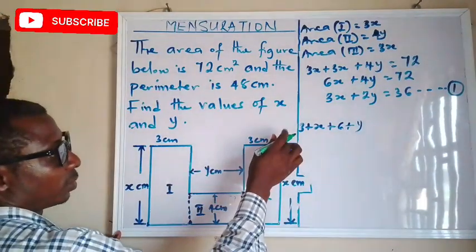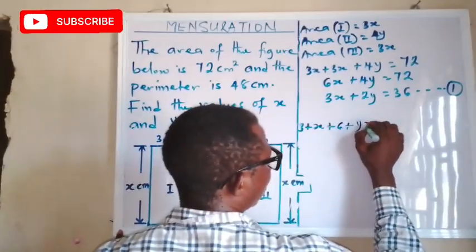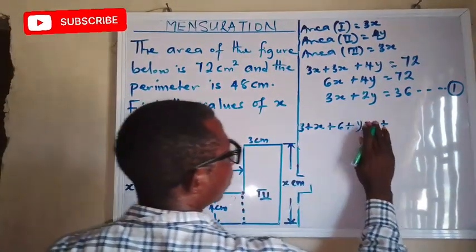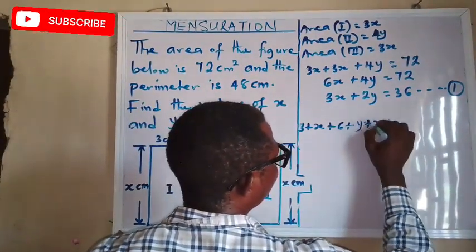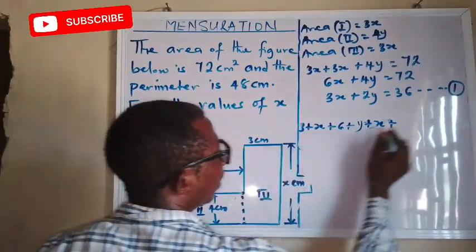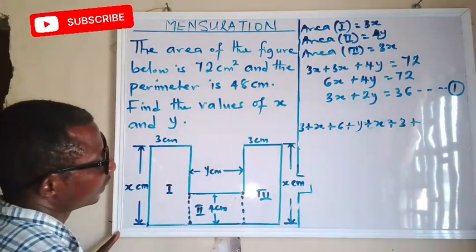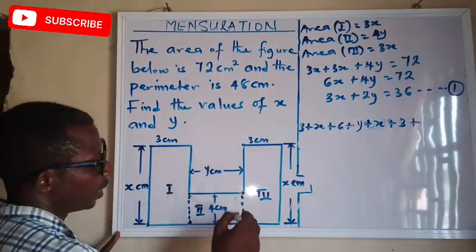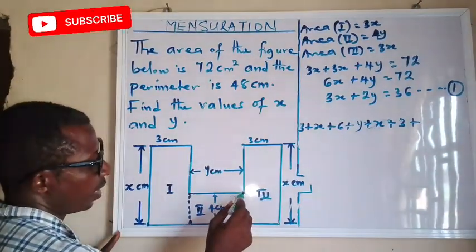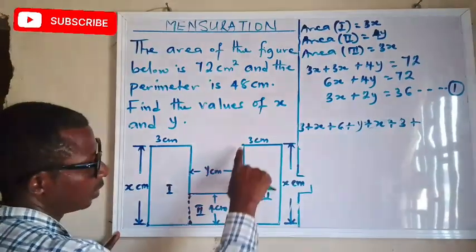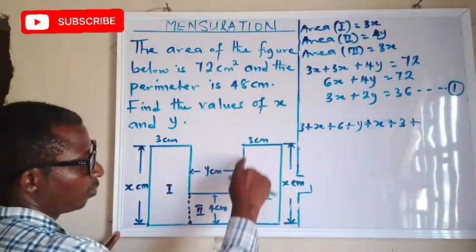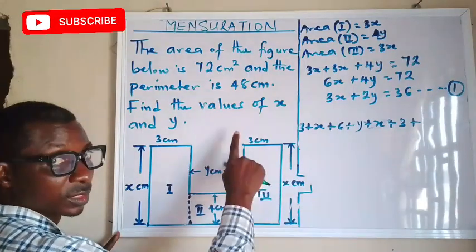Now here is x plus x, sorry. That's plus x plus what we have here is 3 plus now here. Now when you look at it, from here to here is x. From here to here is 4. So if I want to get this one, I will just remove 4 from x, the whole length.